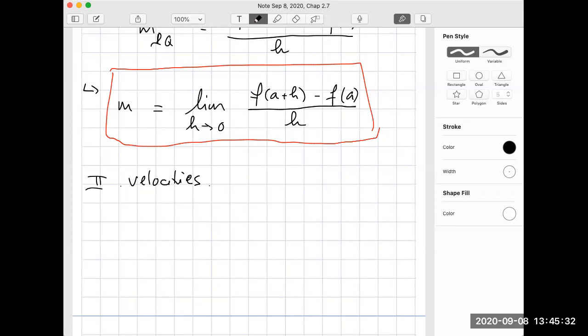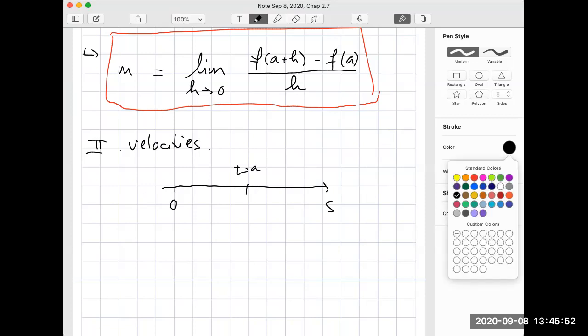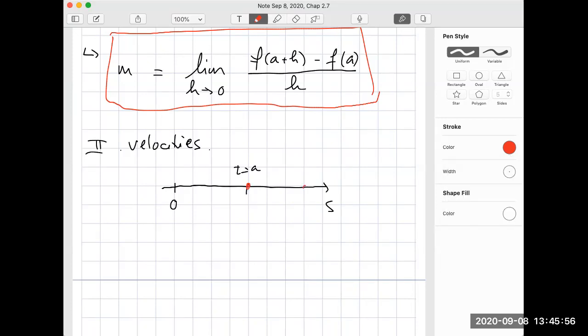So now, let me remind you of a second concept, the velocity. Suppose that this is the distance we are going from the time t equal to 0, and at the time t equal to a, we are at this position right here. And at the time t equal to a plus h, we are at this position.